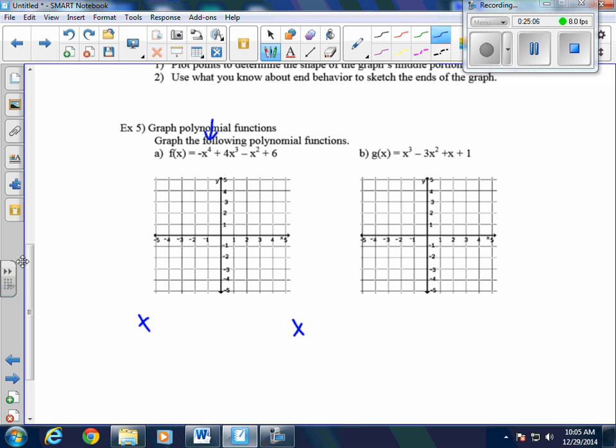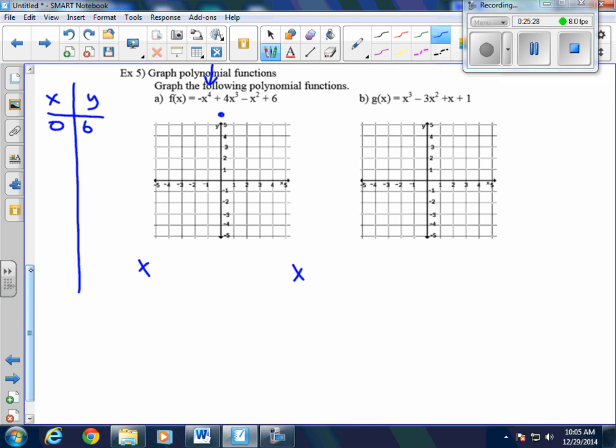Now, all you're going to do is plot some points. So what we're going to do is make a table of values. And I know if I put in 0, I'm going to get 6, using direct substitution. All right, now let's go ahead and put in some other numbers. I'm going to use synthetic substitution.